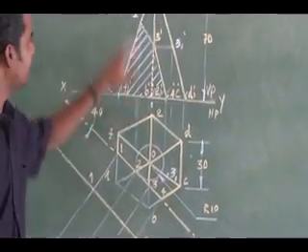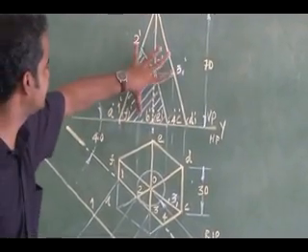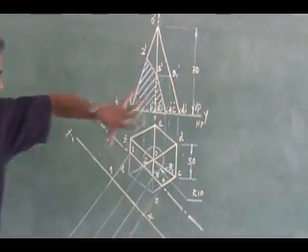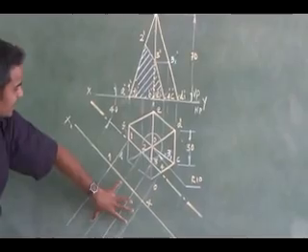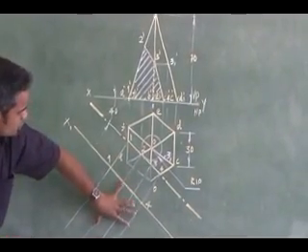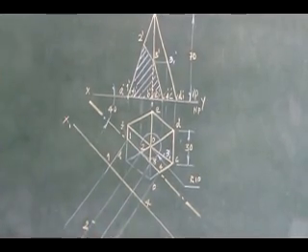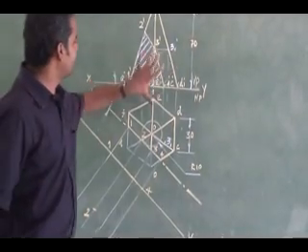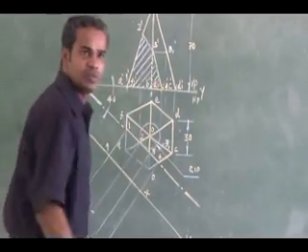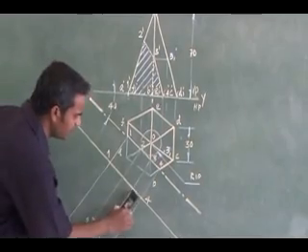What about cutting point 2 in the apparent section? You measure its distance from the old reference line, and transfer this distance from the new reference line on the projector extended from cutting point 2. This is my cutting point 2. Similarly, cutting point 3 distance from the old reference line, you measure, and from cutting point 3 you have drawn a projector.